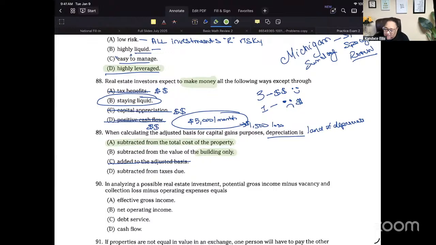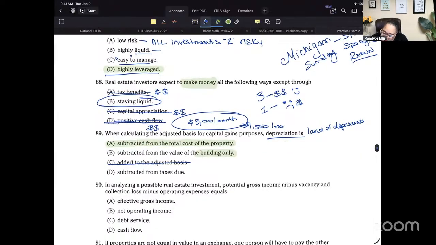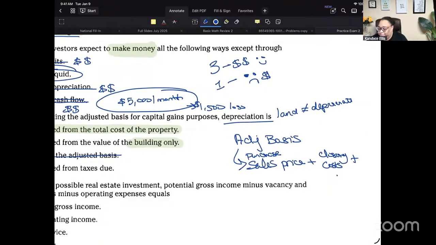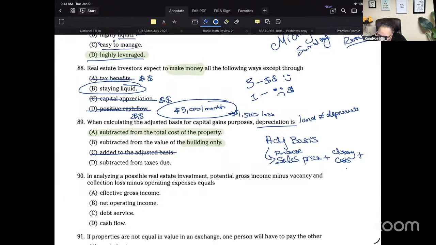I don't like this. This is the only way I think this could be true. You only have to do capital improvements to a property. So when you're finding adjusted basis, you take your purchase price, what you bought it for, and you're adding your closing costs and you're adding capital improvements.